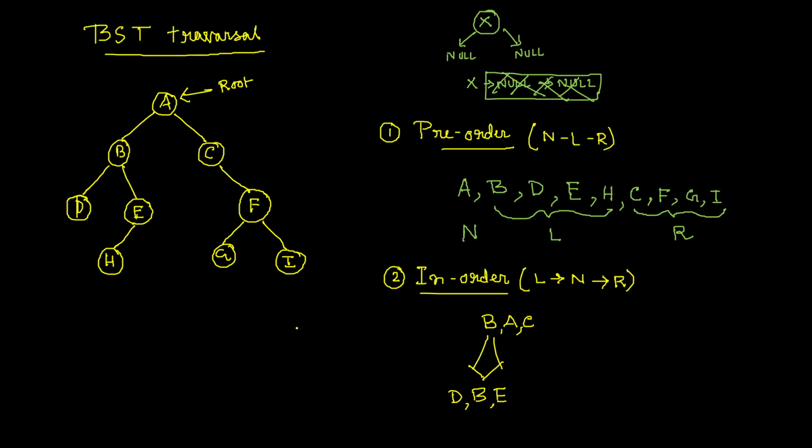So that means H, E. You can enlarge this part as H, E. So ultimately the order becomes D, B, then H, then E. Only after this whole thing can you write A.